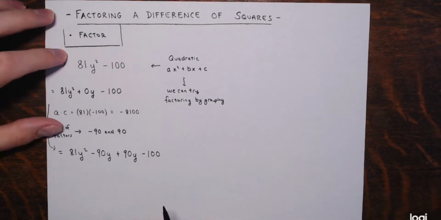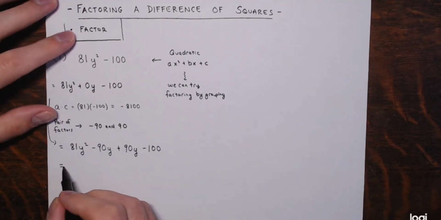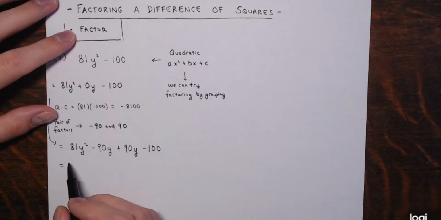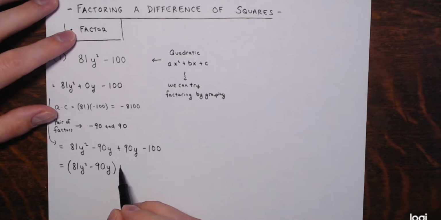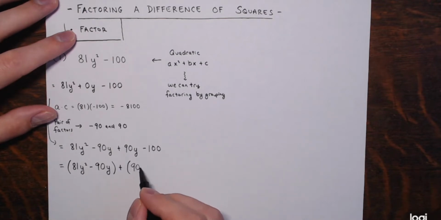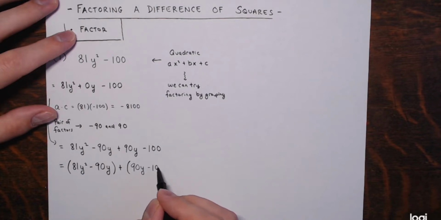And then here comes the grouping part, where I break these into two groups of 2. In the first set of parentheses, I put the first two terms, 81y squared minus 90y, plus, and in the next set of parentheses, I put the next two terms, 90y minus 100.